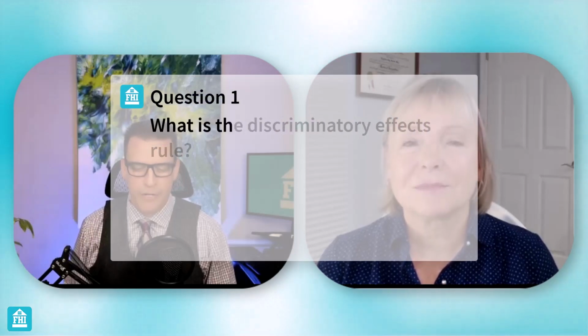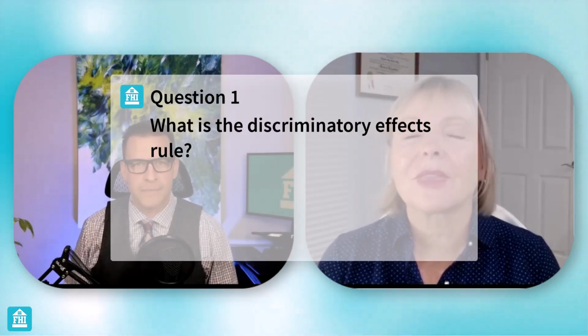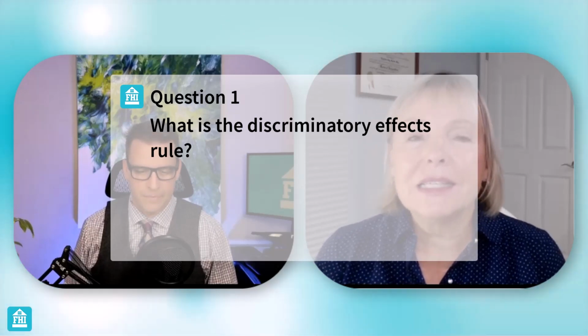A major ruling, and our community wants to know how it's going to affect them. So what is the Discriminatory Effects Rule? This is a regulation that tries to explain what disparate impact means when someone is either investigating or attempting to prove a violation of the Fair Housing Act through the disparate impact method of proof.